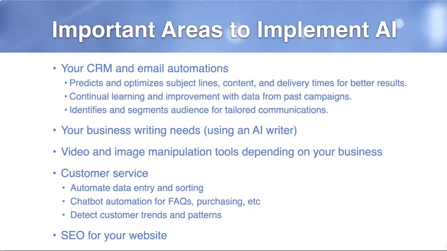Obviously it's not thinking, but it gathers all that information and uses it to learn going forward. And of course it can identify and target segments of your audience for tailored communications. So that's really important for CRM and emails.